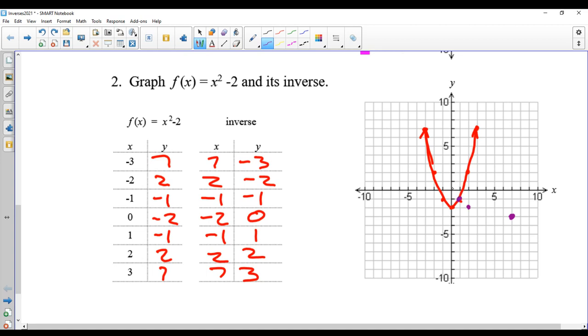(-2, 0) should be here. Oh, I'm doing something wrong. (7, -3), (2, -2), (-1, -1). Yeah, okay, that's fine. (-2, 0). I put (1, -1), didn't I? Yeah, (-1, -1). Okay. Yeah, you're right. Thank you. Got to get it right.